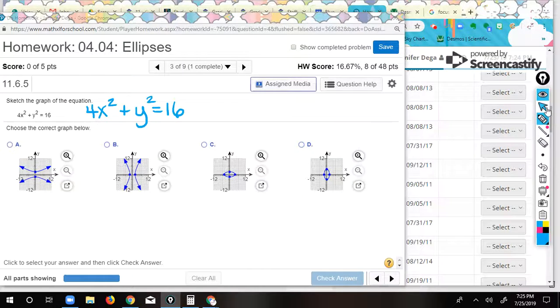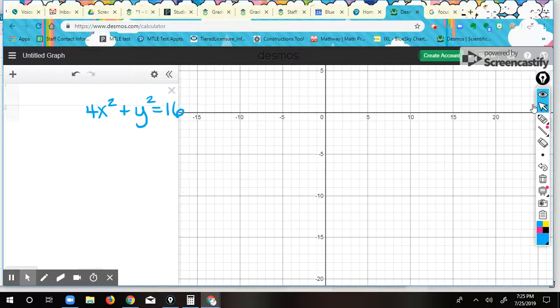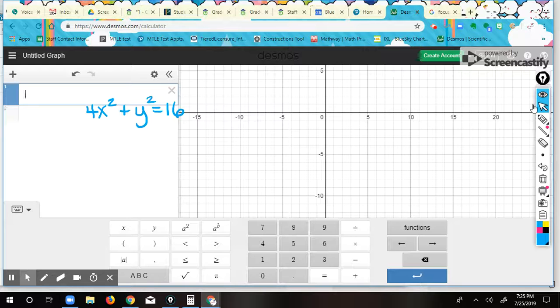So we're going to go to Desmos. And we're going to type in 4x squared plus y squared equals 16. Check it out. We have an ellipse.